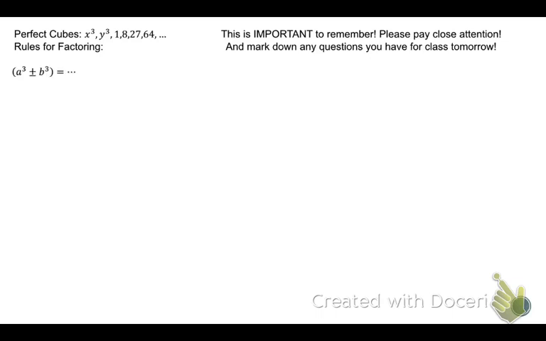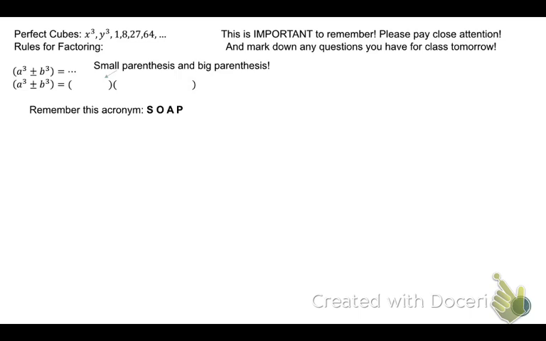Now, rules for factoring this. So we have a cubed plus or minus b cubed. Well, when you do these, you're going to have a small parenthesis and a big parenthesis. So with cubes, always remember small and big. And then we're going to remember the SOAP acronym.